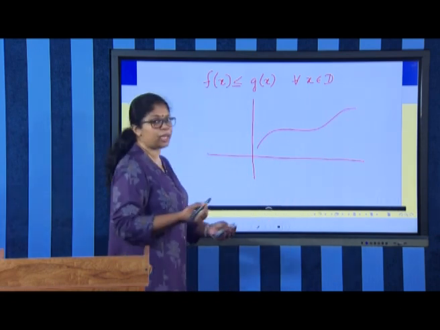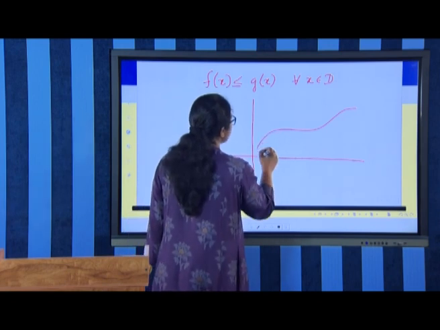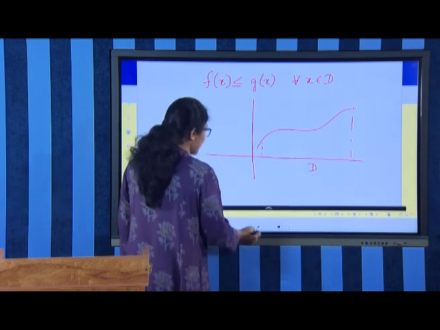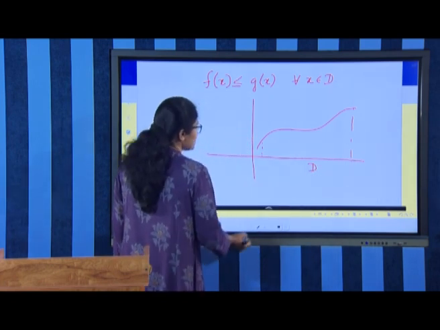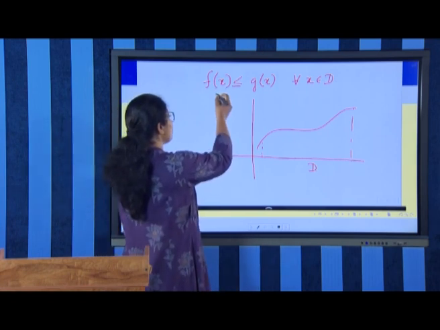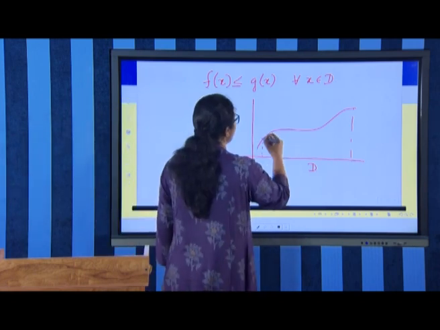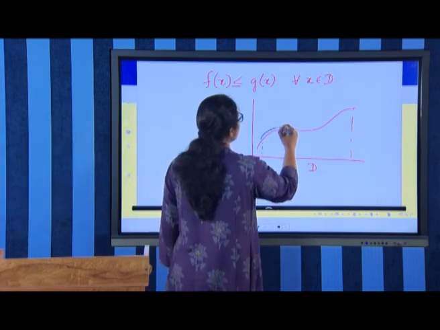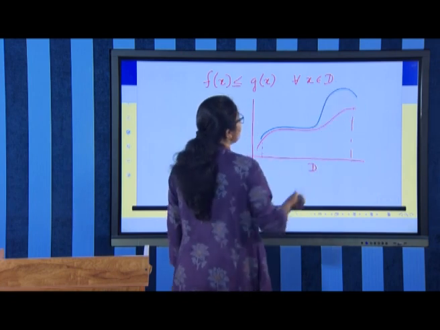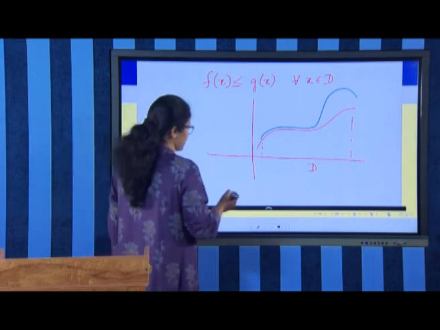We do not know what the shape of the graph is, so we are taking the function in this shape. Let this be the domain D, and we have another function, say g of x, which has the property that f of x lies below g of x for every x belonging to D. So, it can go in this same shape maybe, or it can go in some other shape, but anyway your g of x should be greater than or equal to f of x.